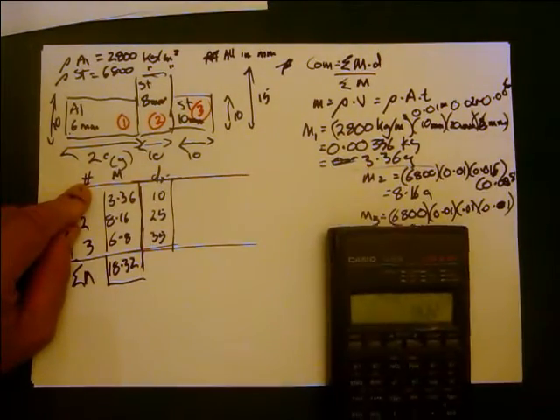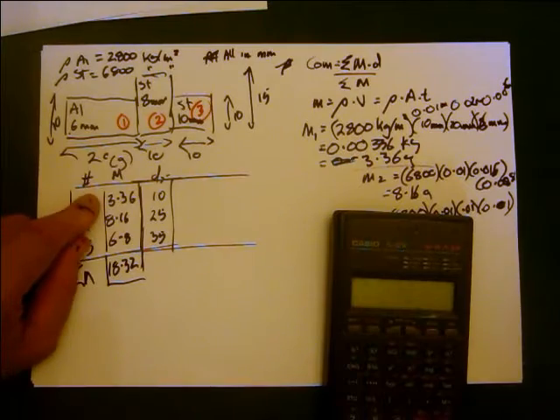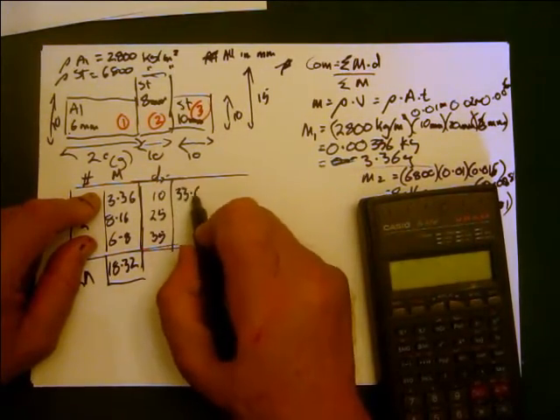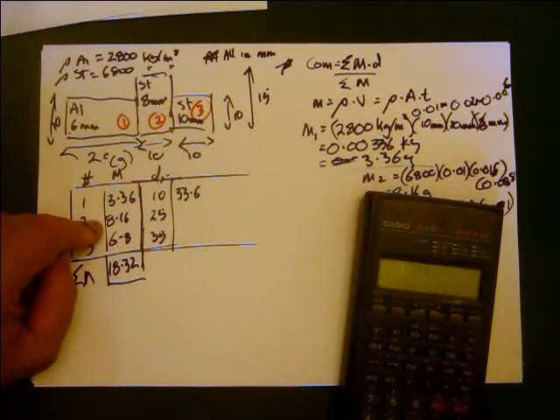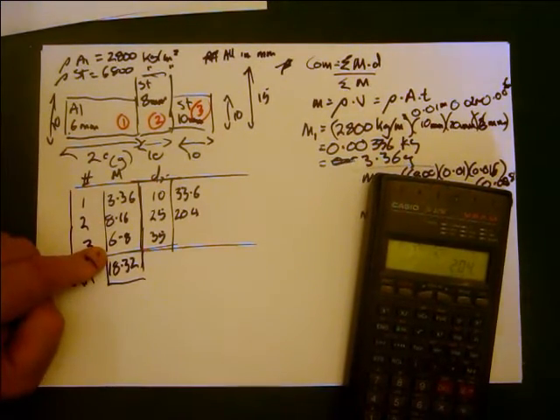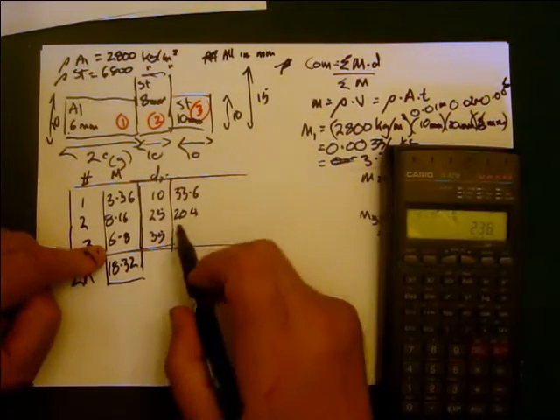So 3.36 times 10 is 33.6, 8.16 times 25 equals 204, and 6.8 times 35 equals 238.